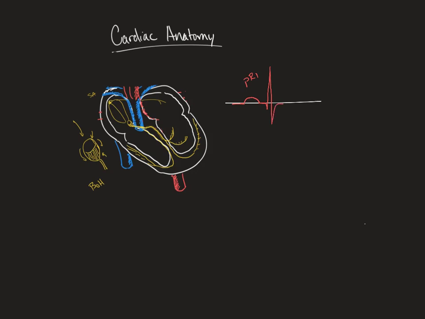You're going to have a bit of a period here, and then you're going to have your T wave. T waves are pretty important. This is the ST segment between the S and the T wave. This is your R wave, and this is your Q wave. So some important things that we're going to go over are PRI, the QRS duration, our ST segment, and our T wave morphology.